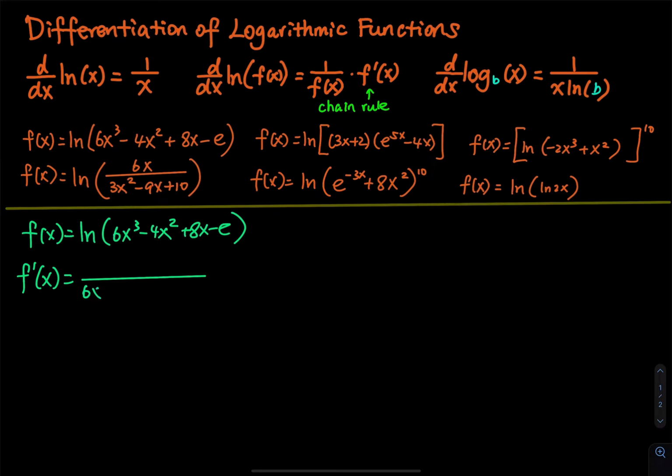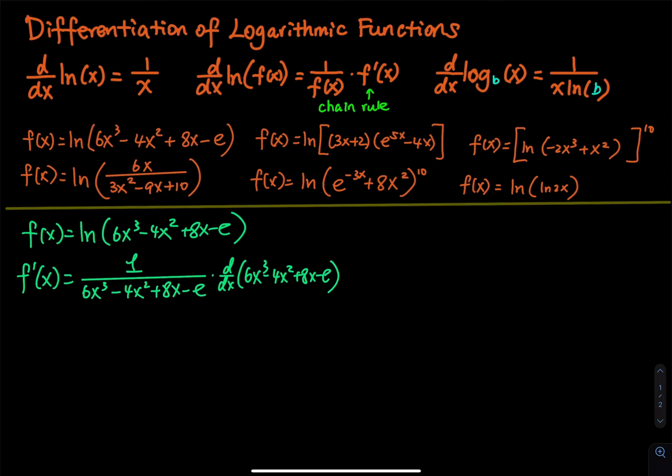We have 6x to the third minus 4x squared plus ax minus e, and then the top is a 1, right? And since we have a third degree polynomial inside ln, we have to take the derivative of the entire function inside ln using the chain rule. So that will be d dx of 6x to the third minus 4x squared plus ax minus e.